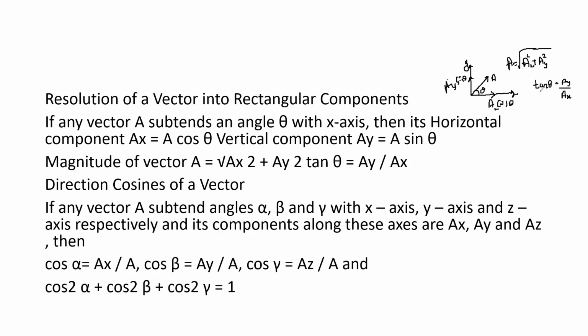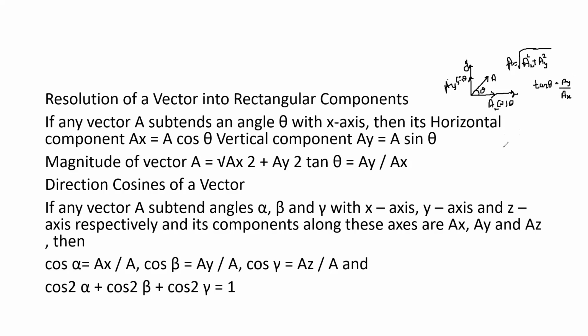If any vector A subtends angles alpha, beta and gamma along the x, y and z axes, means suppose you take a vector which is making angles alpha, beta, gamma with the x, y and z axes respectively, and its components along these axes are taken as Ax, Ay and Az.